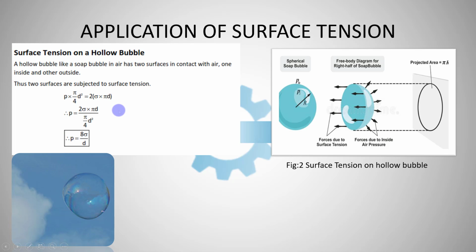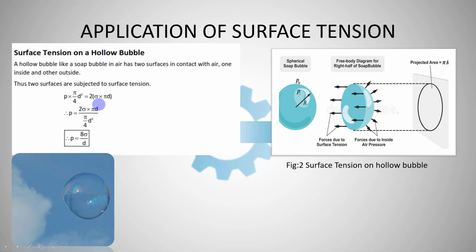In case of a liquid droplet we have considered only one half, but in case of a hollow bubble we have to consider two halves of the bubble. So here similarly, on one side we have the pressure force, and on another side we have the tensile force. So here P into area, that is pi by 4 d square, equals 2 into circumference, that is 2 into sigma into pi d.